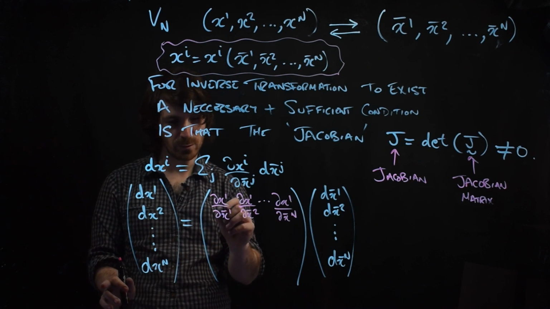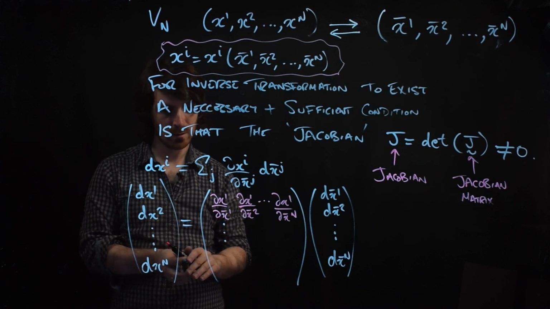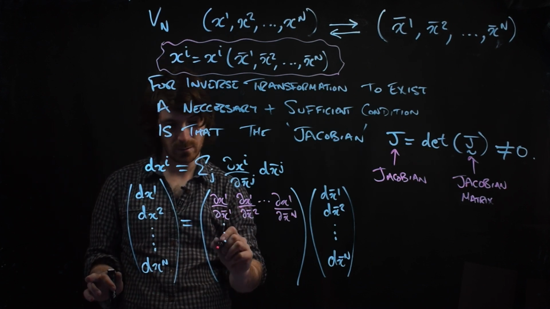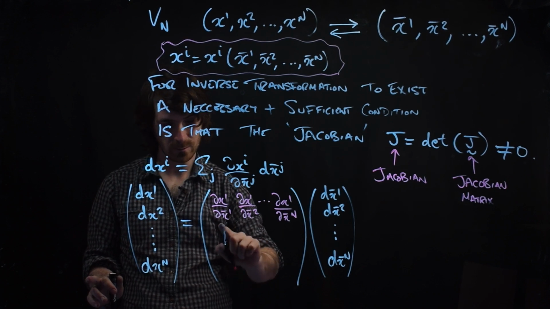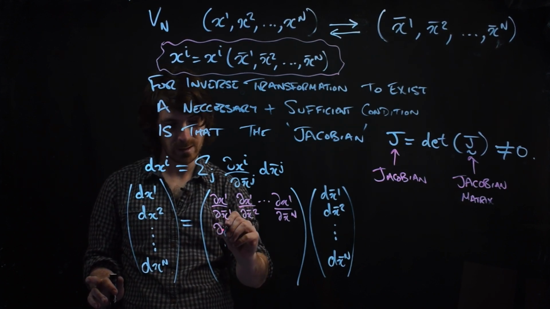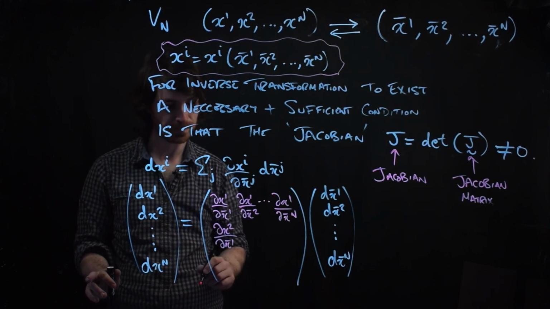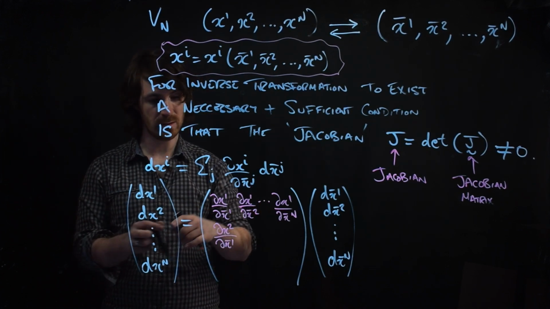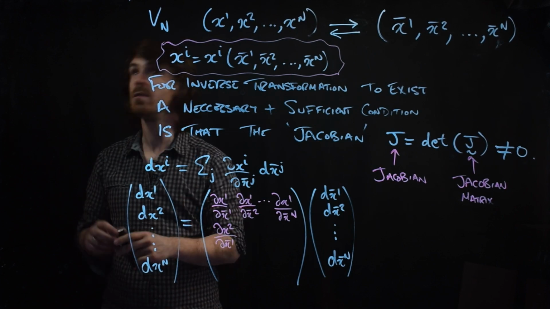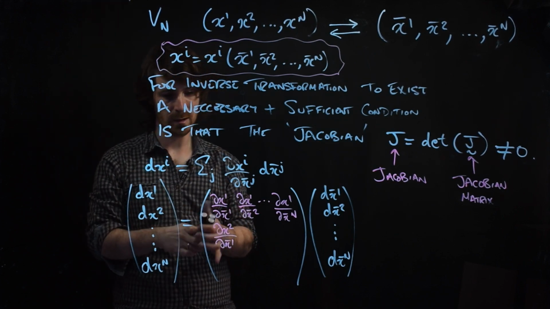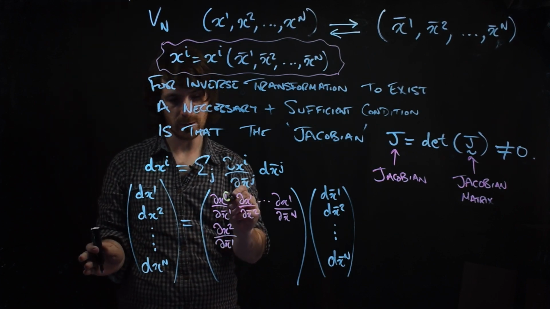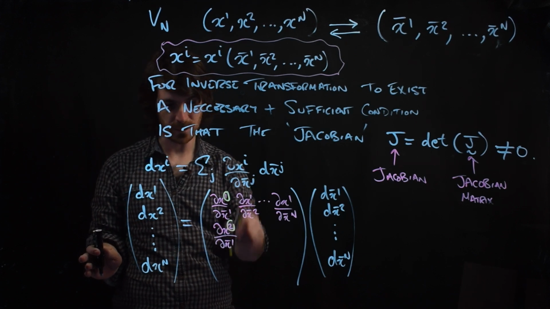If we go down the rows, let me do the second one, just so it's clear. This is dx2 by dx bar 1. So we're changing the index on the unbarred coordinate as we go down the rows.